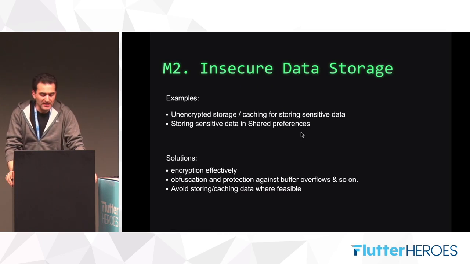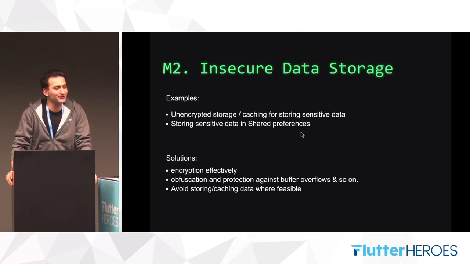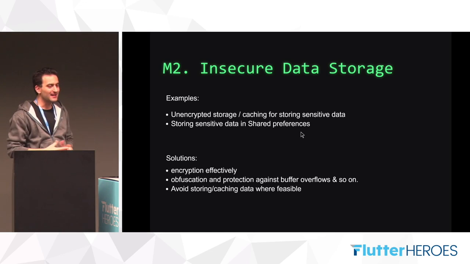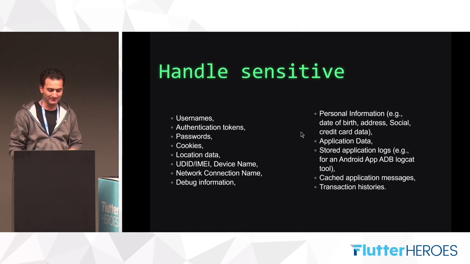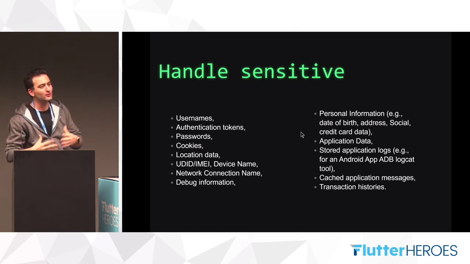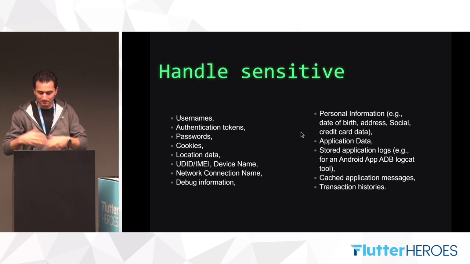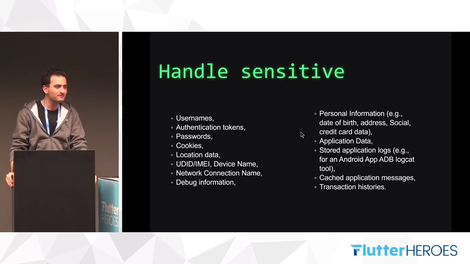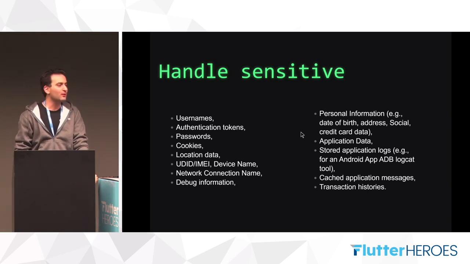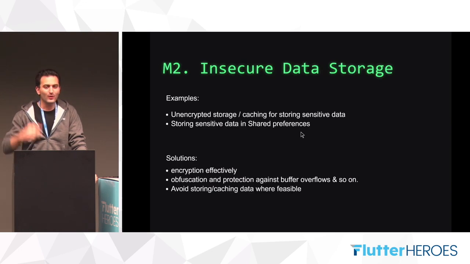Number 2 on the list is insecure data storage. This is especially about encryption and unencrypted data, especially sensitive data. We're talking about email, passwords, personal information. So lots of times you think, I'm just going to store that in shared preferences, maybe somewhere else in another local storage, without thinking that maybe encryption is needed.